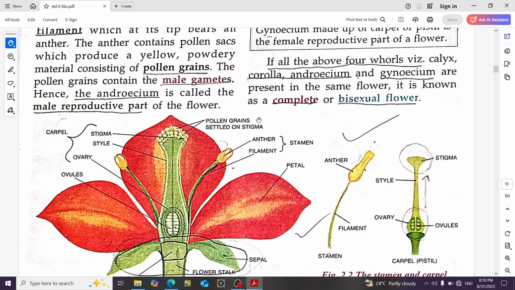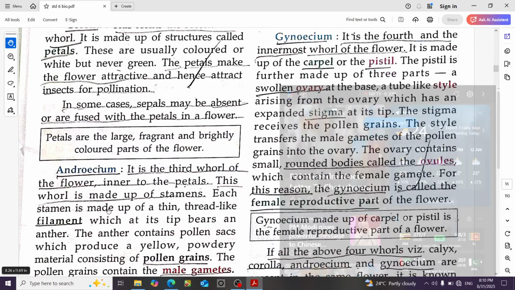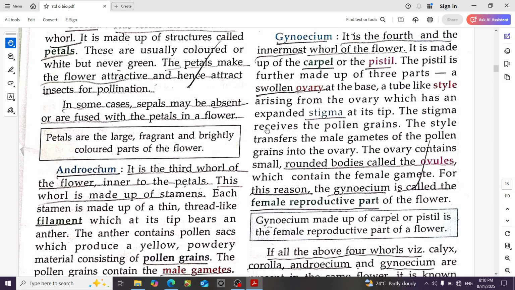See carefully. There is a male part here and there is a female part here. The female part is nothing but the gynoecium. So the gynoecium is the fourth and innermost whorl of the flower. It is made up of carpel or pistil. Again, three parts are there: stigma, style, and ovary. Say again: stigma, style, and ovary.